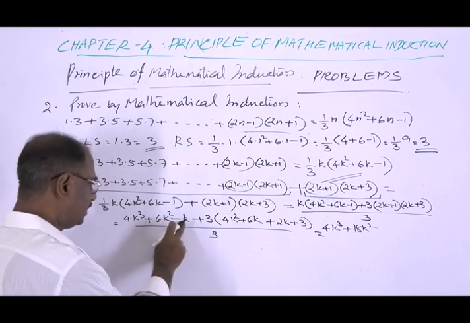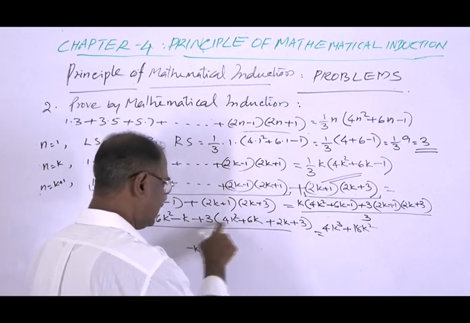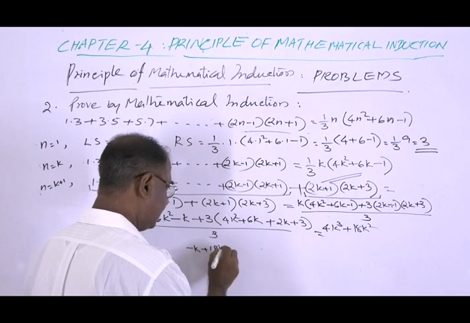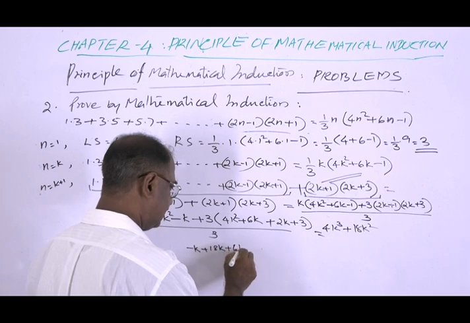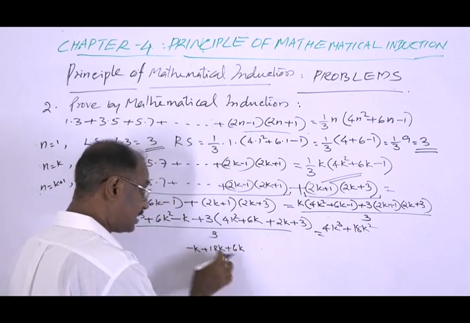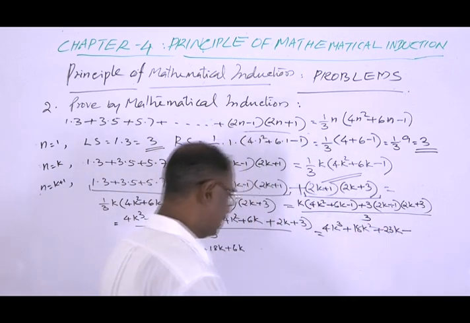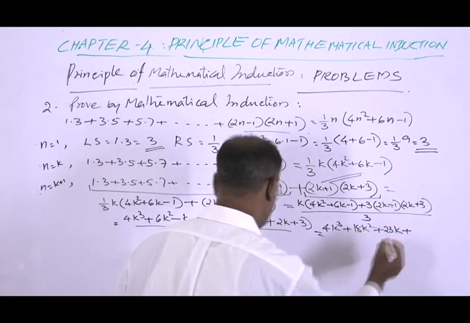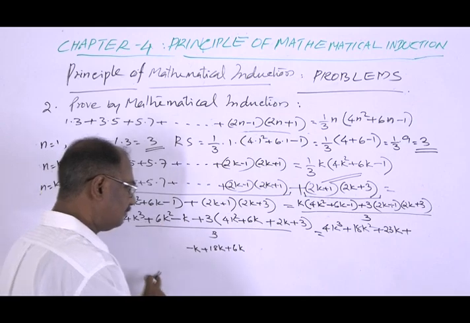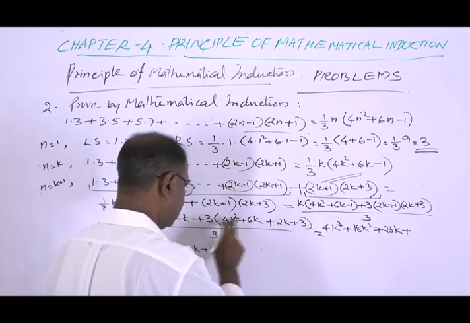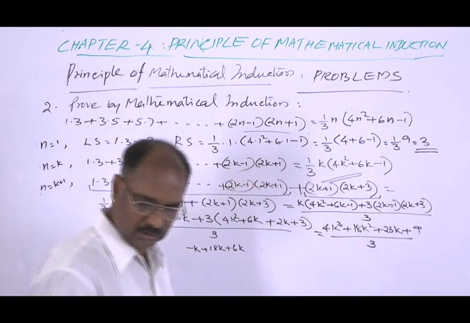Here we have minus k, then 6 into 3k plus 18k, then 3 into 2k plus 6k. So 24k minus k, which is plus 23k, then plus. Here you have no constant term, and here we have 3 into 3, which is 9, all divided by 3.